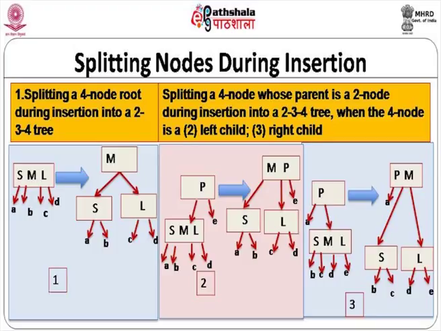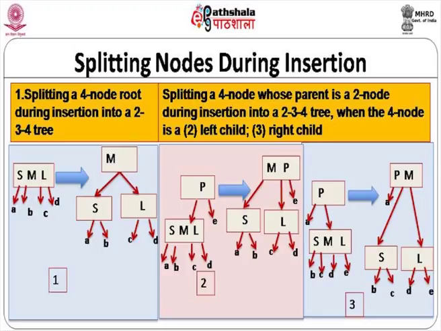In the initial case, M moves up with no parent. In the second case, M moves up and is placed before P because you had a left child. Here you had a right child, so M is moved up and placed to the right of P. So, this is the basic splitting of nodes during insertion.